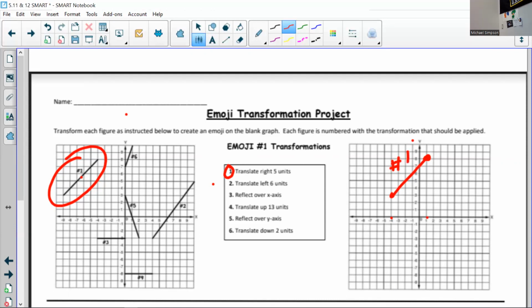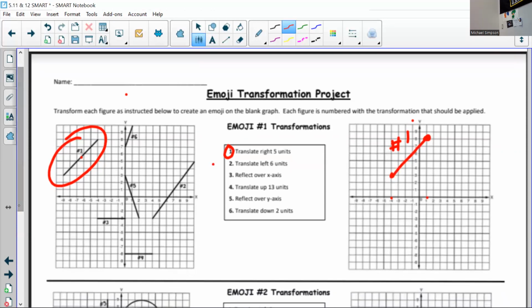Okay. Let's do another example. Look at item number 5, which is this line right here. Let me erase this now. Item number 5 says reflect over the y-axis.